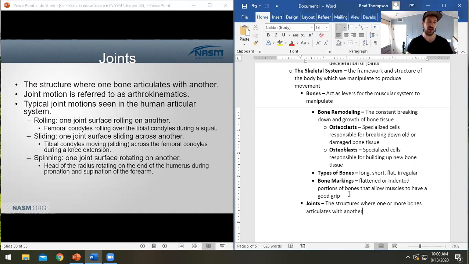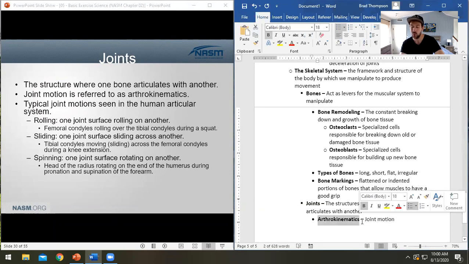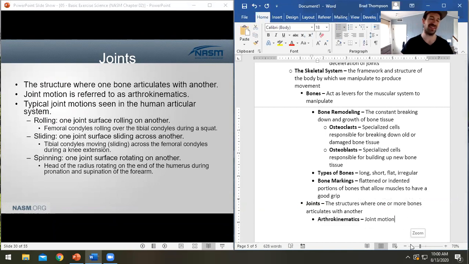Joint motion we refer to as arthrokinematics, which is one of my favorite dumb examples of a term. Arthrokinematics stands for joint motion, which is literally, the definition is less letters than the word. Why do we even have that word? But that's what arthrokinematics is. I've been complaining about that since I went to school.